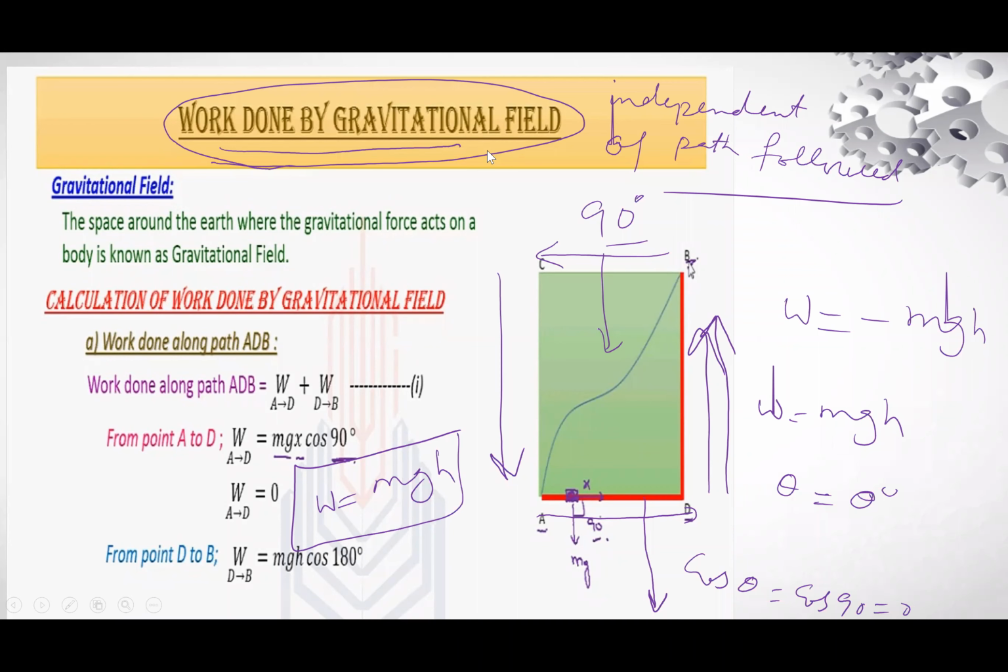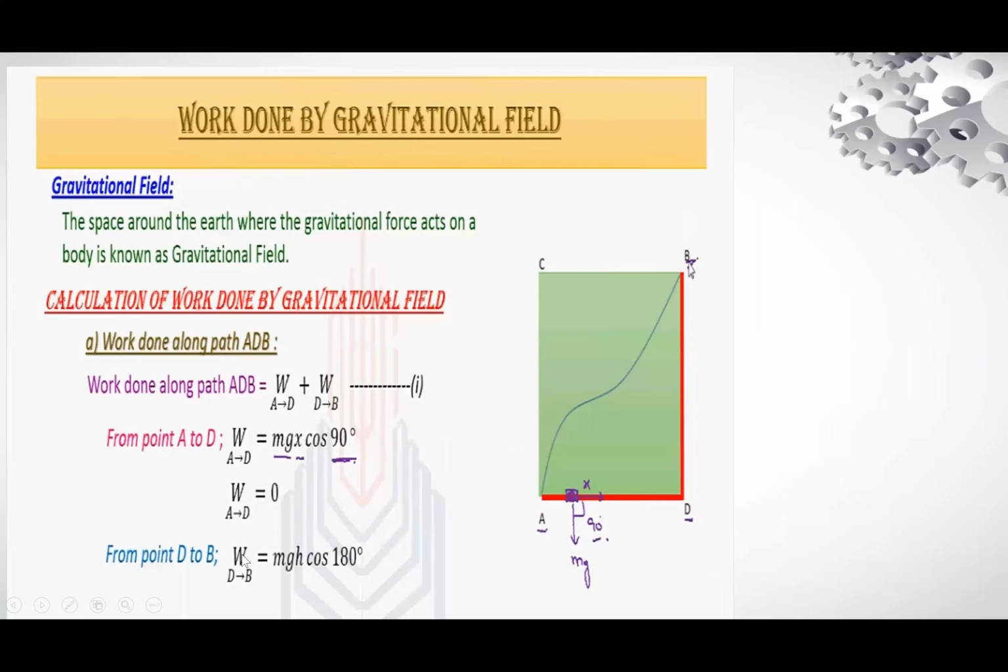Gravitational field is a conservative field, and whichever path you follow, if work is done along A to D and from D to B, the work done will be mgh.